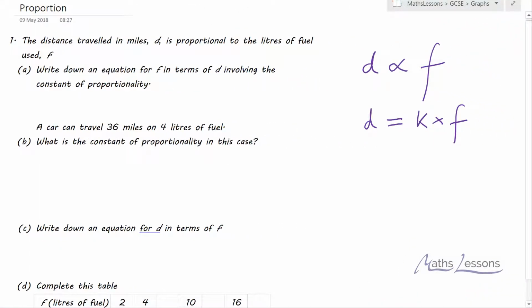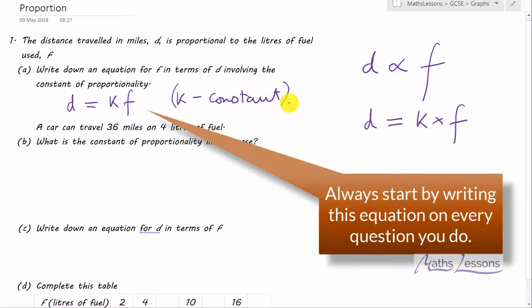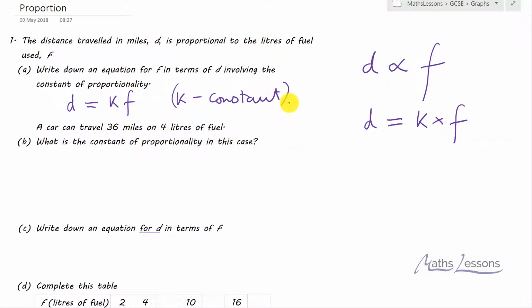So we want to write down an equation of d in terms of f involving the constant of proportionality. We can write that as d equals k f, and k is equal to our constant. That's how much we're going to times f by. Now, we're given a specific example of a car travelling 36 miles on 4 litres of fuel.